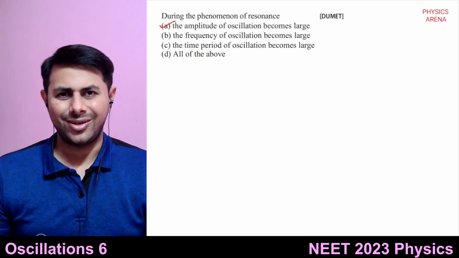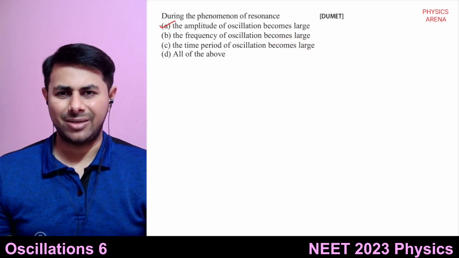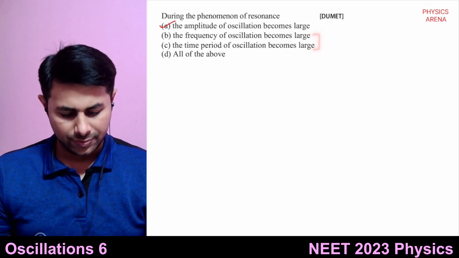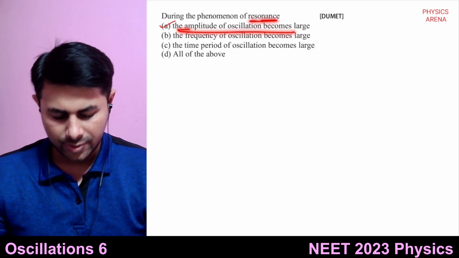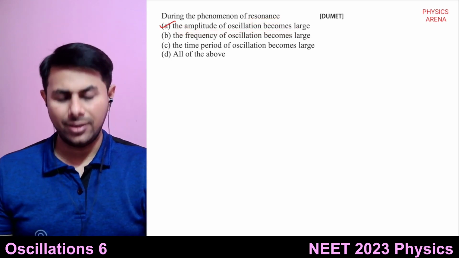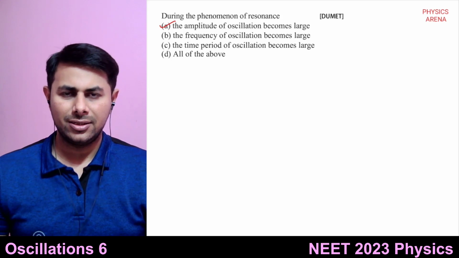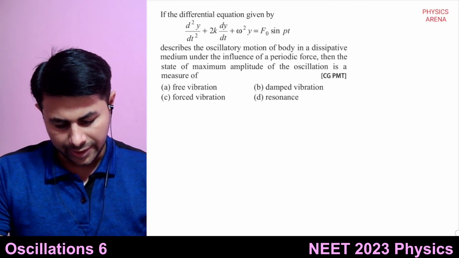It will become small, right? So both cannot be large at the same time. So, okay, this is contradictory, right? But resonance is defined with respect to amplitude only. The amplitude becomes large, okay, that is the phenomenon of resonance. Let us see next question.